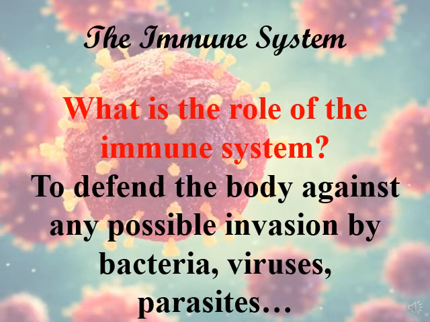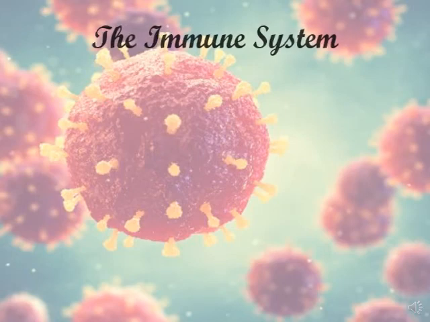Here you have to be careful about this. We're going to have a question similar to this, COVID-19. The role of the immune system is to defend the body against any possible invasion by bacteria, viruses, parasites, and many others for sure.